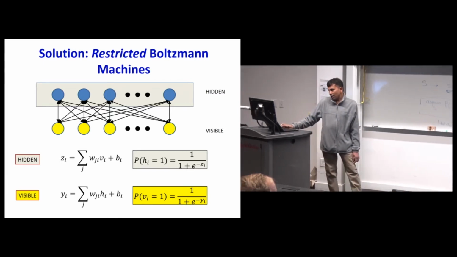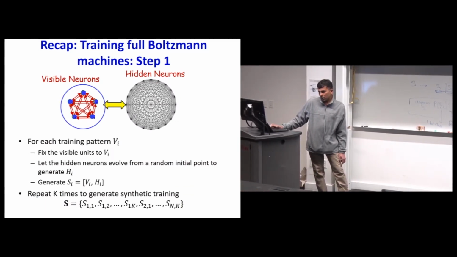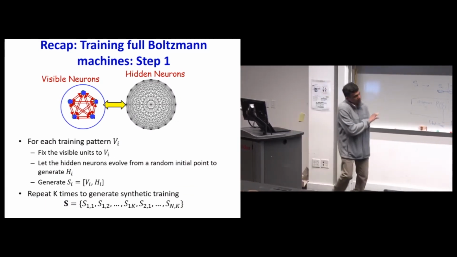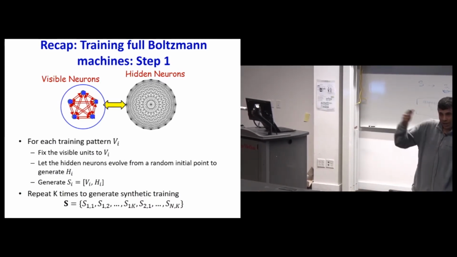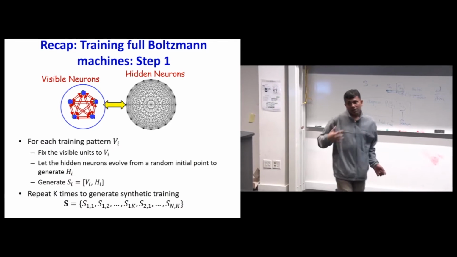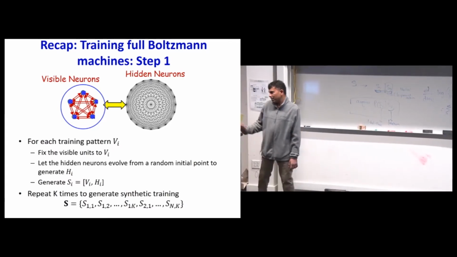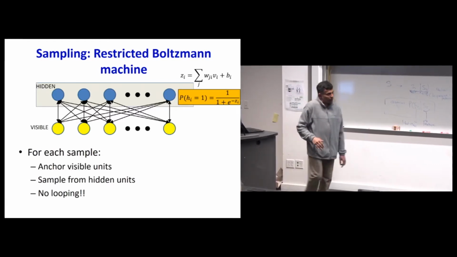And so remember, in the full Boltzmann machine, what we did was we fixed the visible patterns, then we had to iterate several times to actually learn the hidden values, and then we got many, many samples of the hidden values, and then we had to unclamp it and repeat the whole process. That becomes greatly simplified. Over here, when I give you a visible pattern, there's no looping.